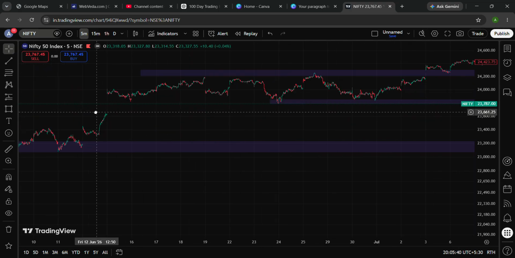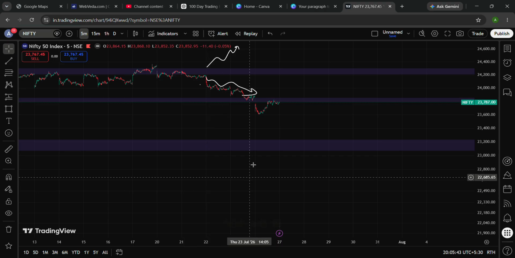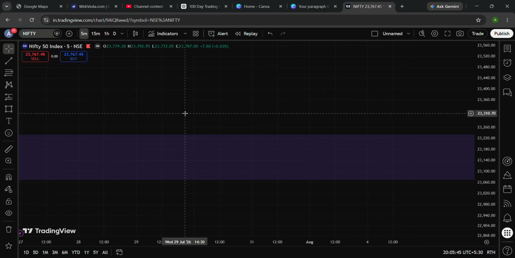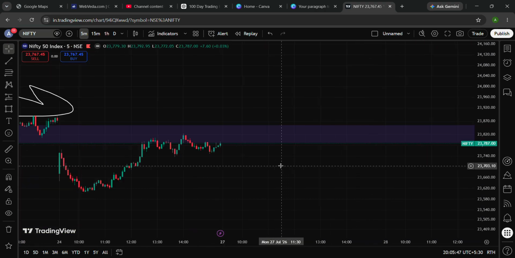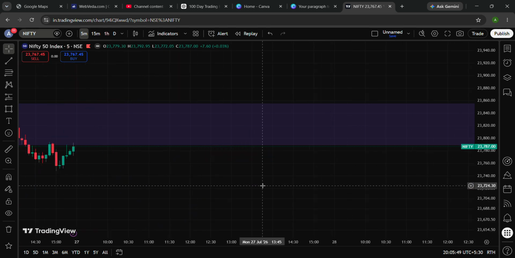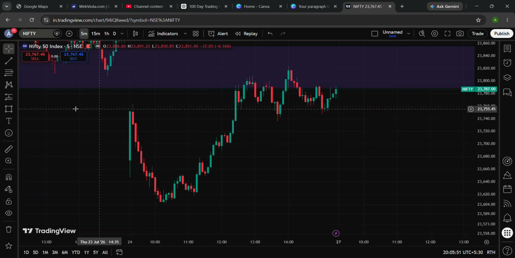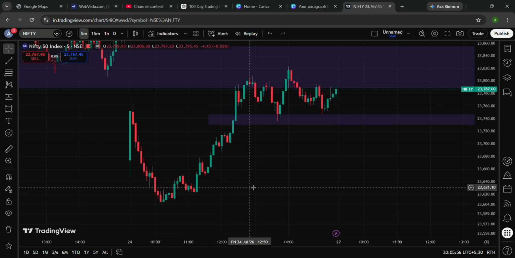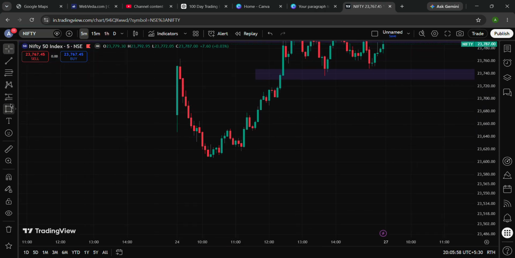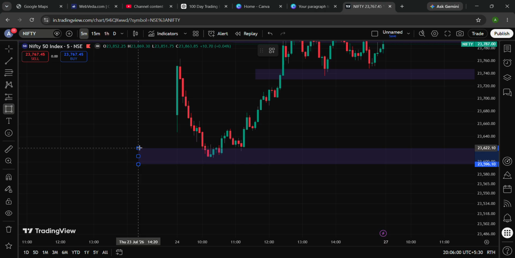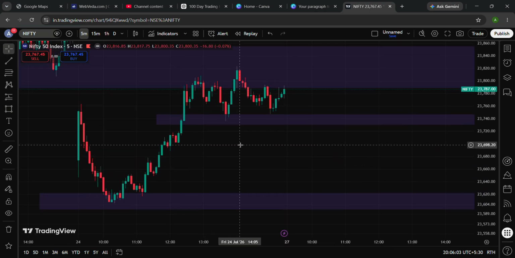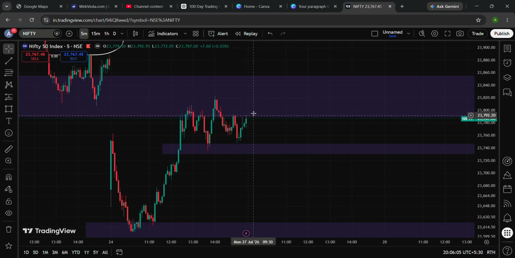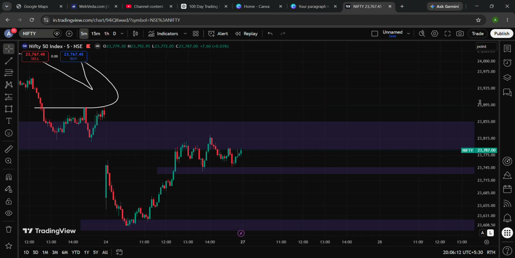Okay, so for the short term, if I try to show you how to plot support and resistance for the short term, then you will see this is the support zone for the market. This is the small support zone for the market. You can also see that this is the small support zone for the market. Okay, so let's see, if the price can break the resistance zone, then the price can move upward.